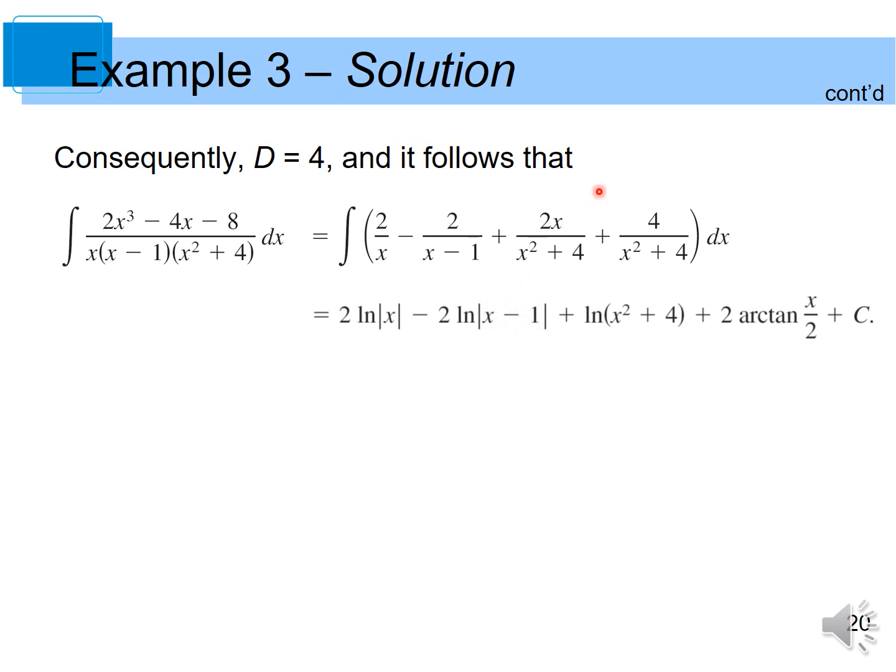And for the third term, we can use the change of variable method, where we let u equal to x squared plus 4, u prime equal to 2x. This 2x is the derivative of the inner function, so it's a change of variable. And for the last term, we cannot use change of variable, so we can use the inverse trigo formula.